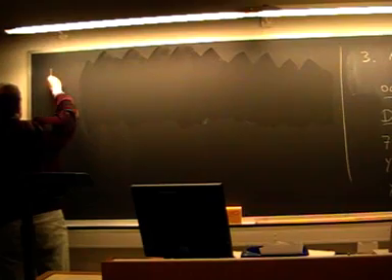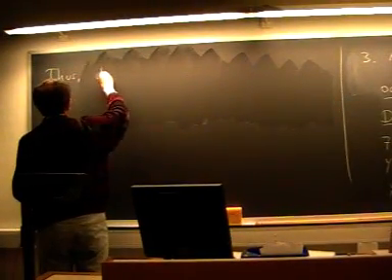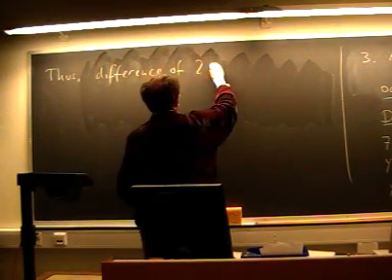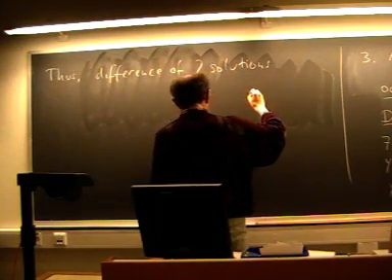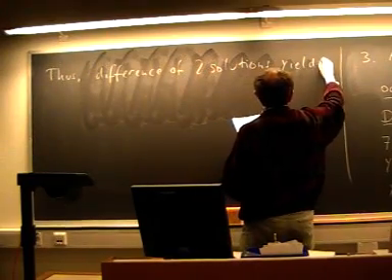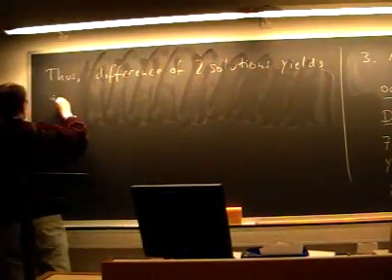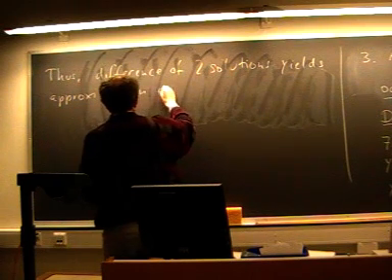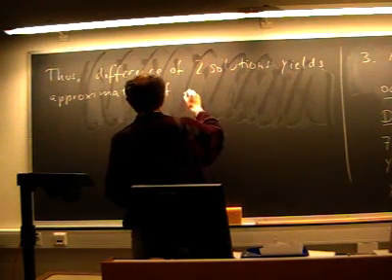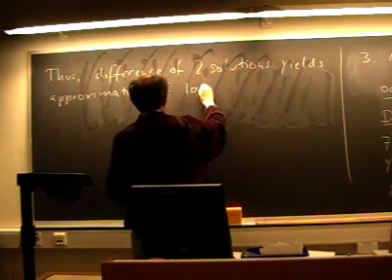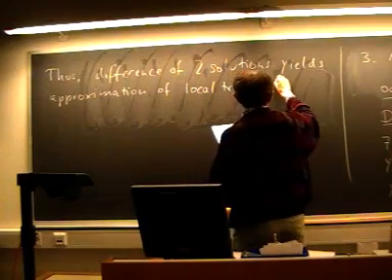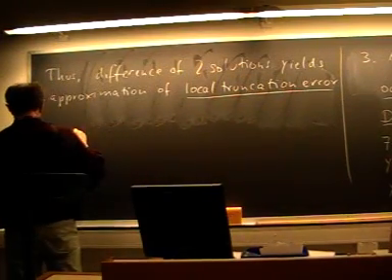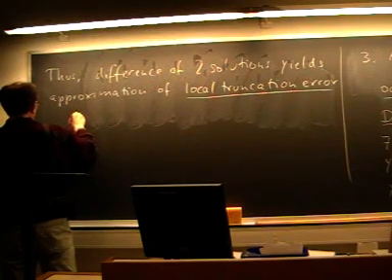So that means that the difference of the two solutions yields an approximation of the local truncation error, which is fifth order, as we saw.